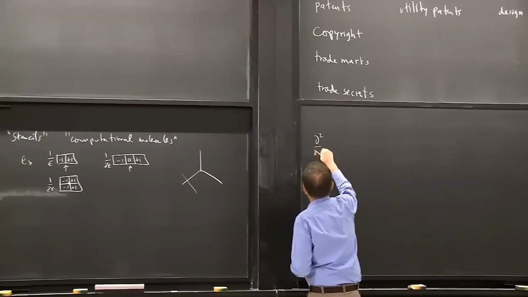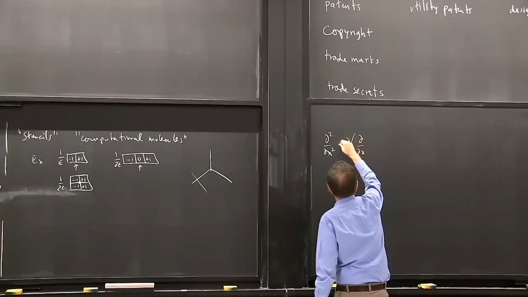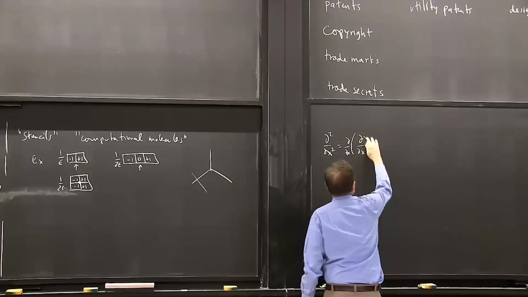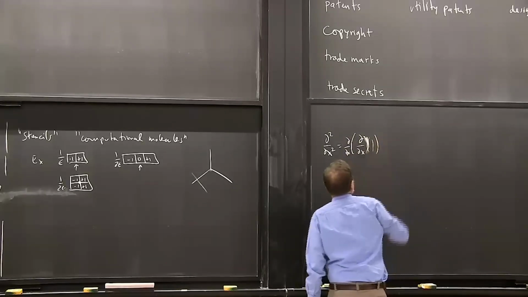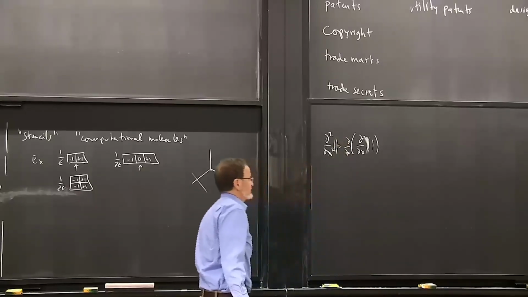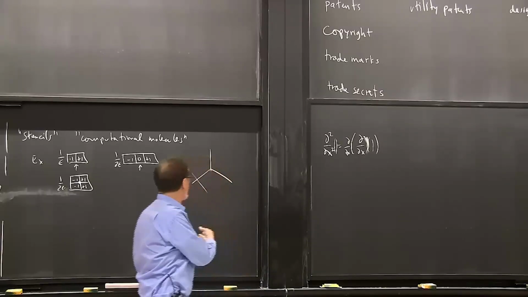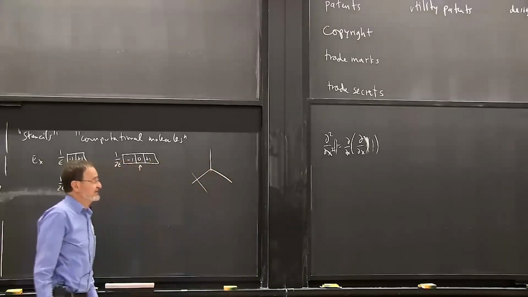So now, one way to think about this is that the second derivative is just the first derivative applied twice. And so we can run our numerical approximation a second time.